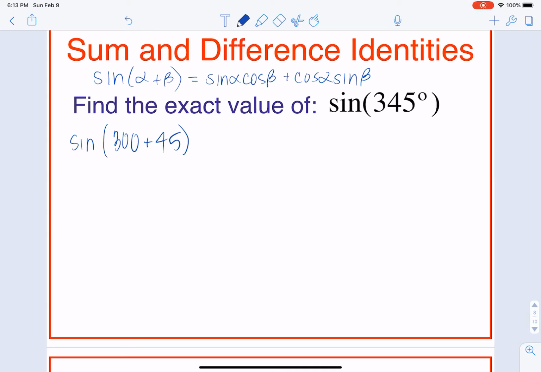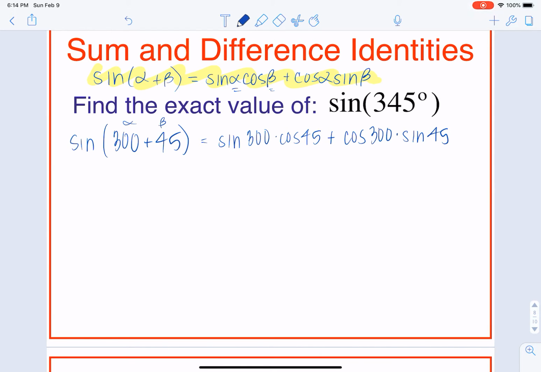So now I'm really just going to rewrite this exact piece up here, except instead of using alpha and beta, I am going to use 300 and 45. So sine of 300 times cosine of 45 plus cosine of 300 times sine of 45.